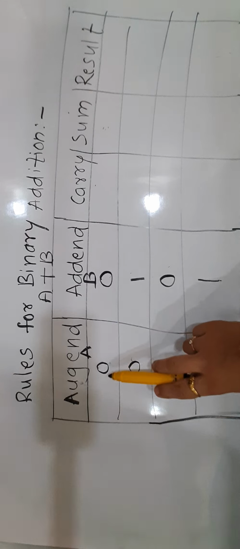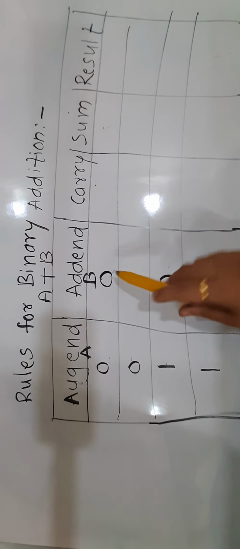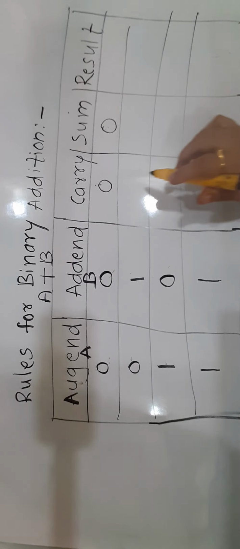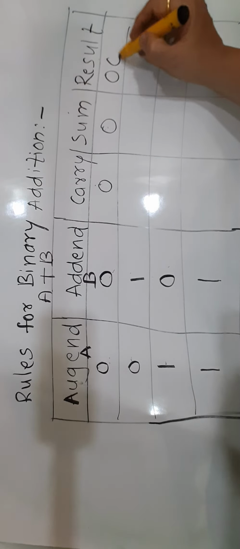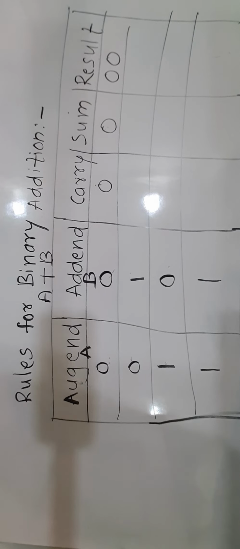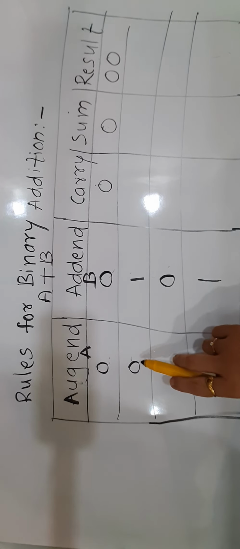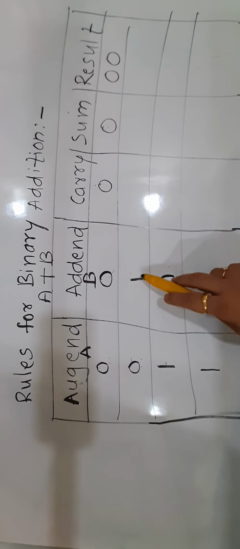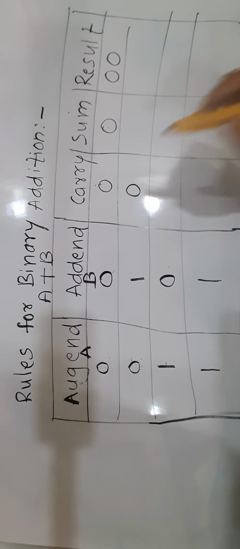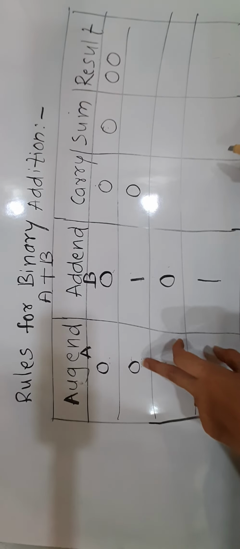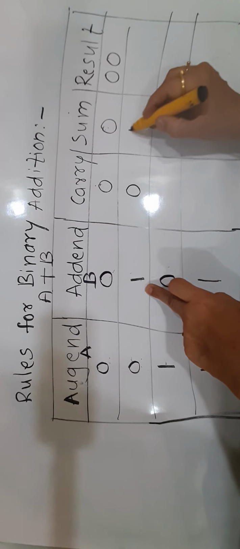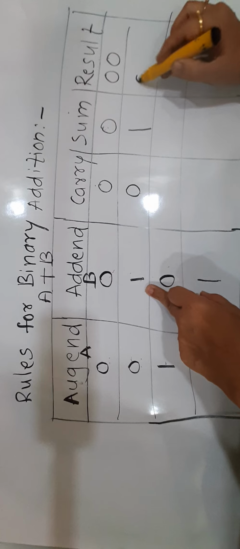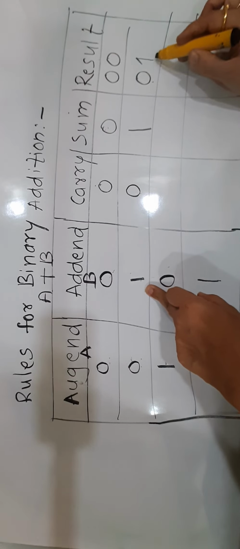If we add 0 plus 0, then carry will be 0, sum will be 0, and their combined result will be 0 0. Now if we add 0 plus 1, then carry will be 0, sum will be 1, and their combined result will be 0 1.